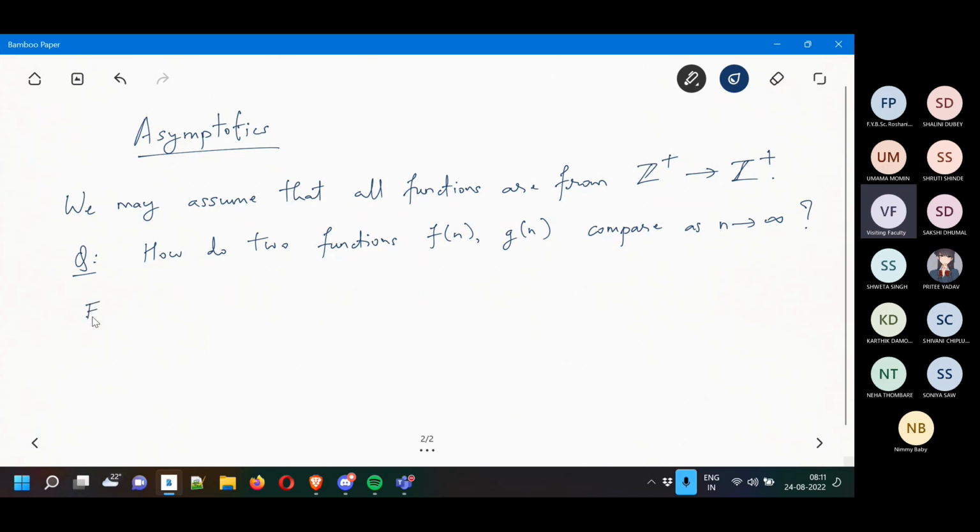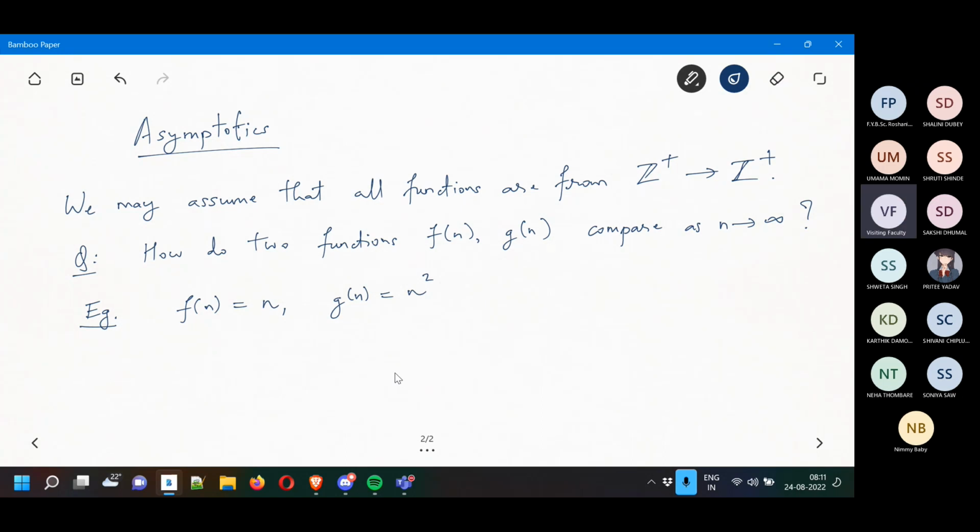So let's look at one example. What do I mean by compare? Let us take f of n equal to n itself and g of n equal to n squared. Now without really thinking too much, which of these two functions will grow faster?